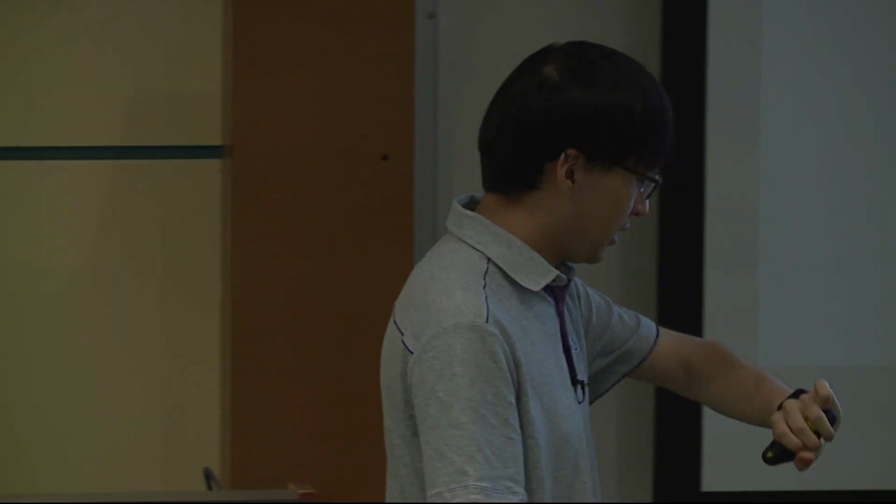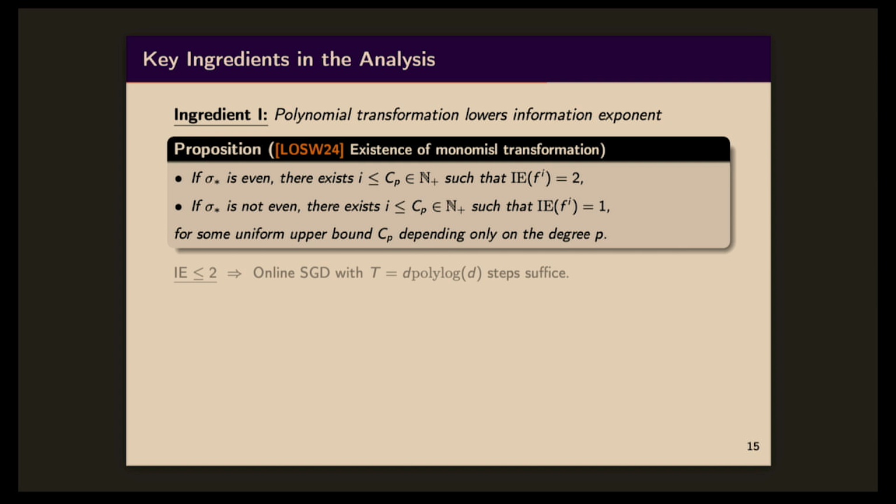Yes. Okay. All right, and I'll just quickly go over the key ingredients here. The first observation, which I already mentioned earlier, is that if you give me any polynomial link function, I can find a monomial transformation, meaning that I can raise this link function to the ith power. There's a typo here, this is sigma star.